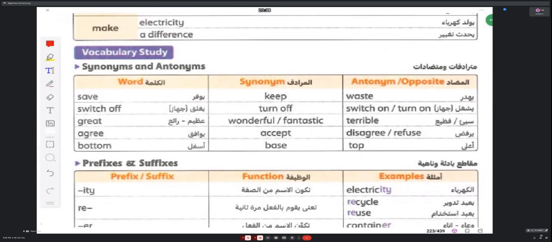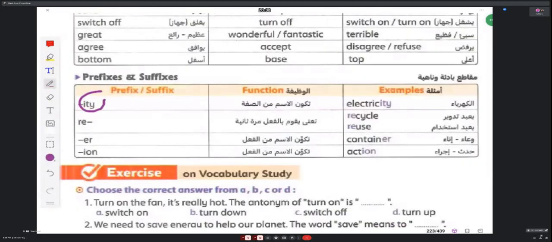Okay. We add ity to an adjective to change it into a noun, like electricity, humanity. The prefix re means again, to do something again or to reuse.